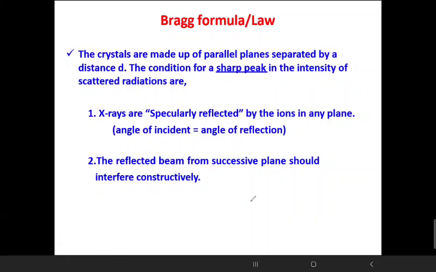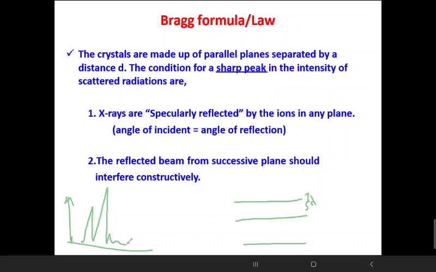The condition for a sharp peak: we observe that these are sharp peaks, no? These are sharp peaks. These points are known as sharp points.